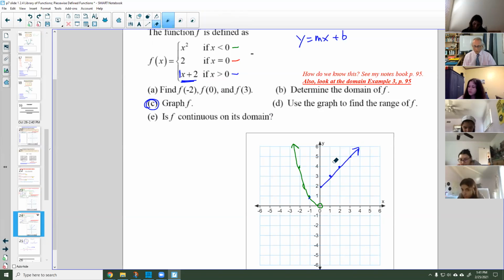Let's put my red dot back right there, and let's just make a blue open circle around it. That is the graph of this piecewise function. I graphed each piece, then I restricted it to its domain, and that's what it looks like.